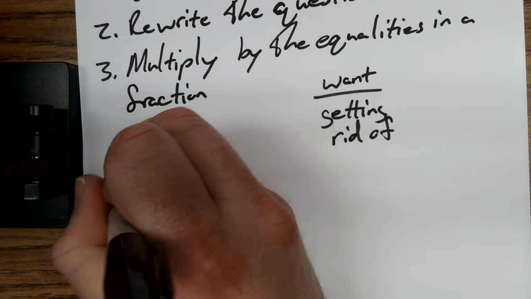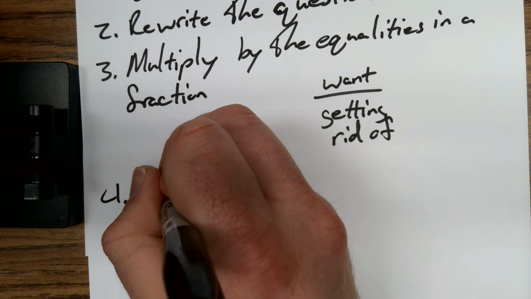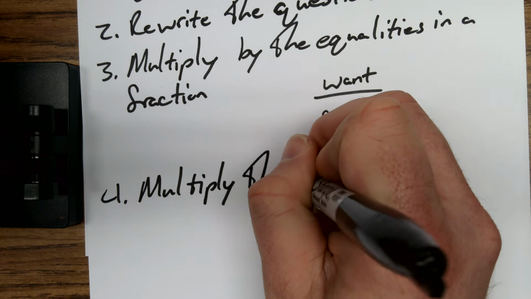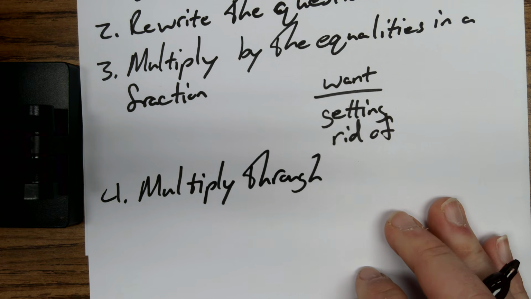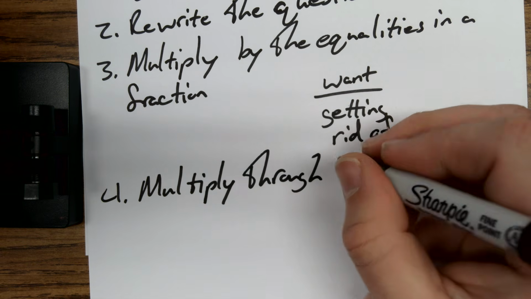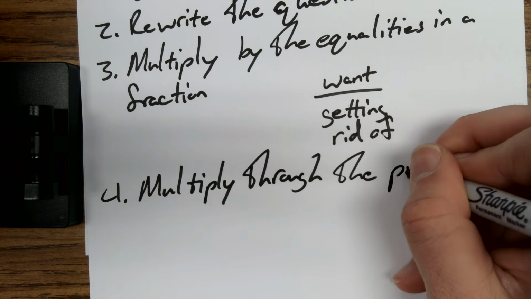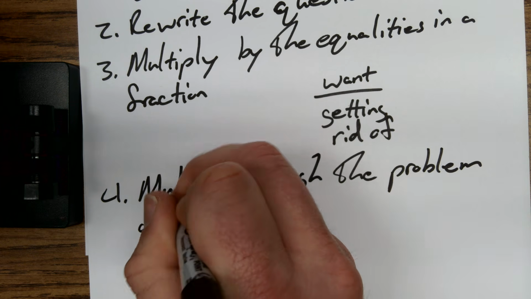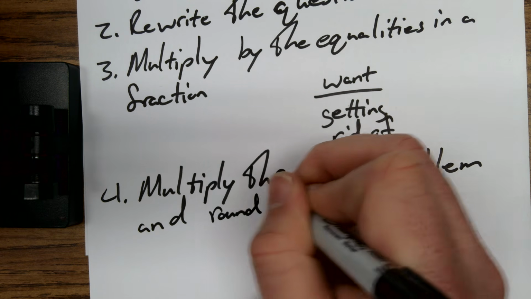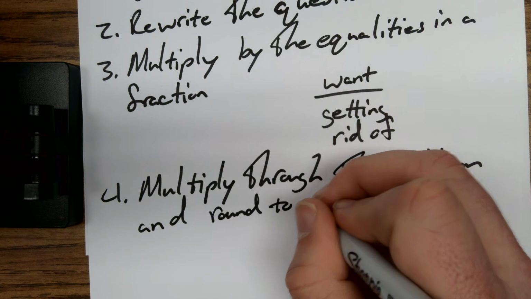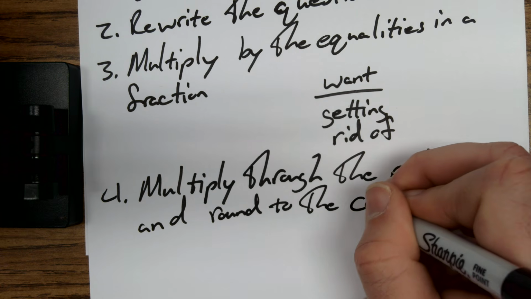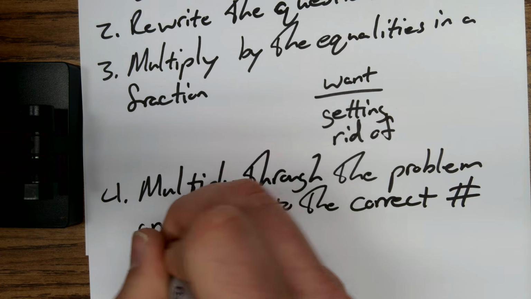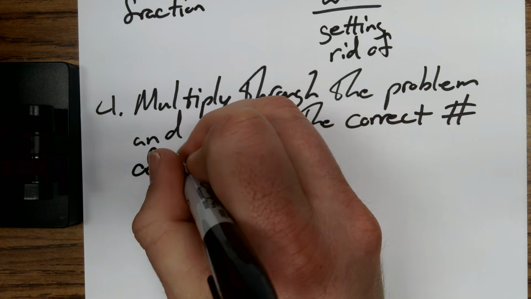And then number 4 is that we're going to multiply through the problem and round to the correct number of sig figs.